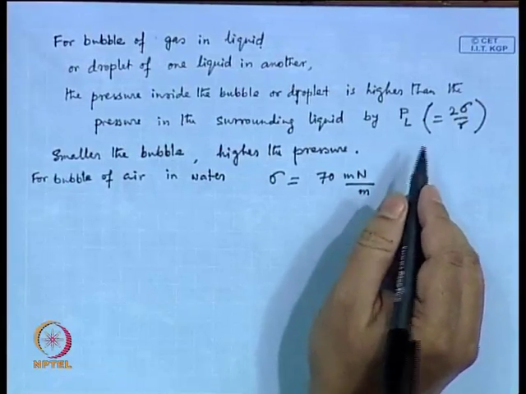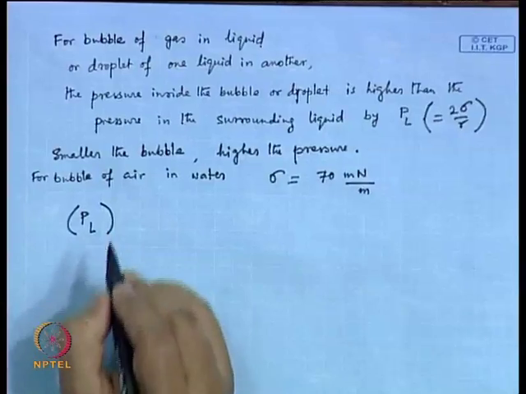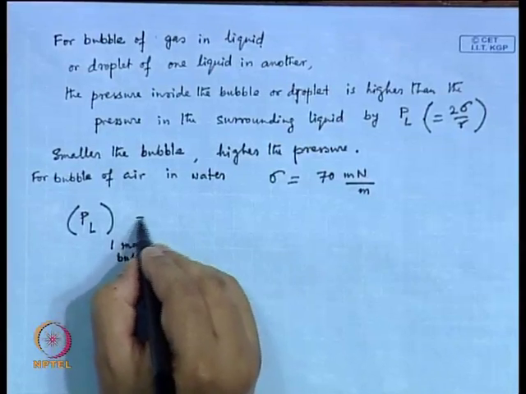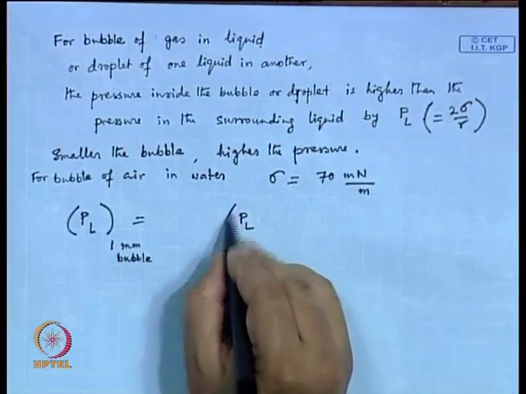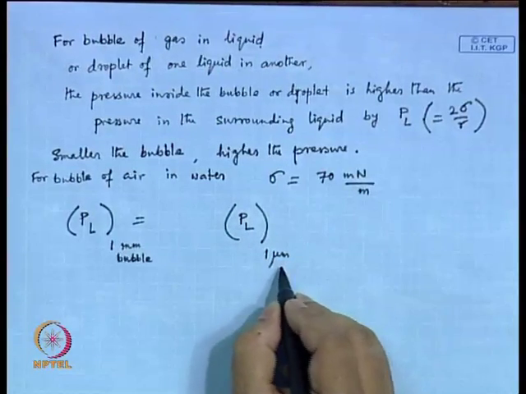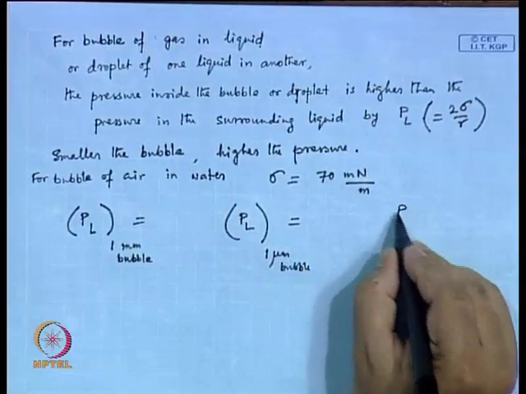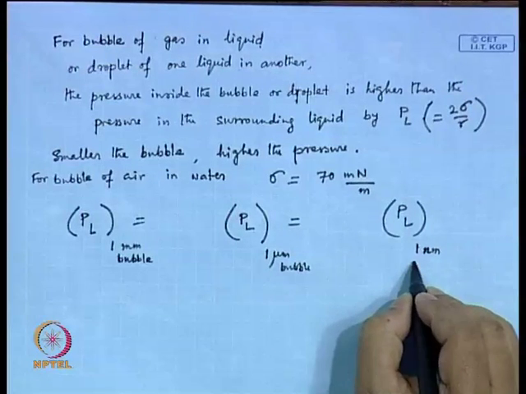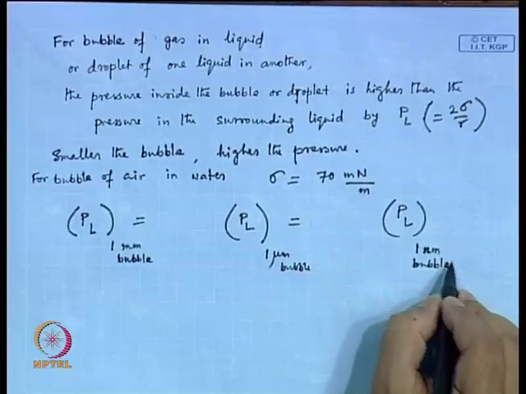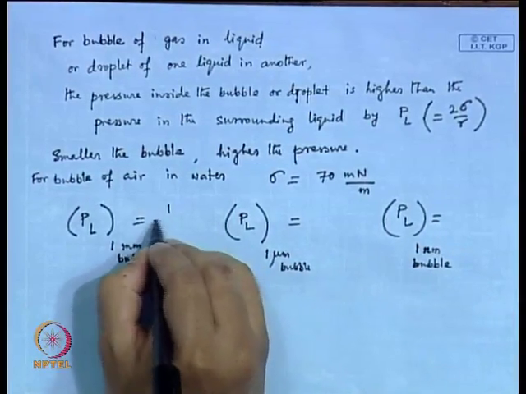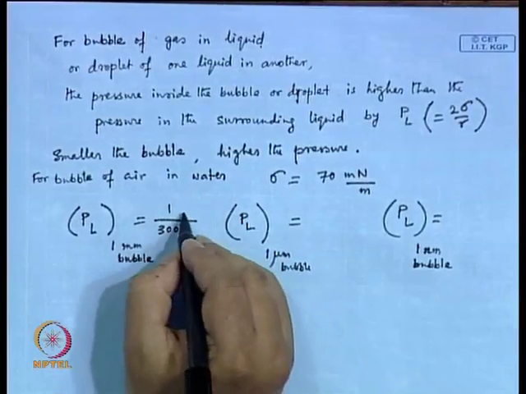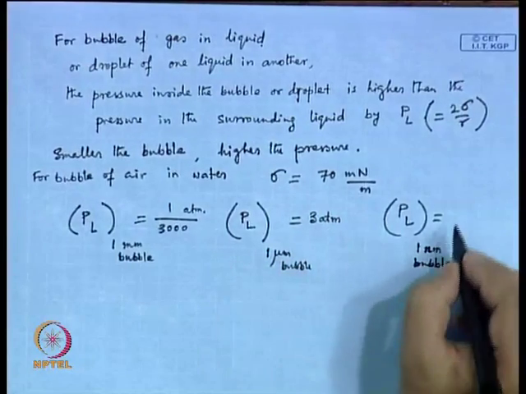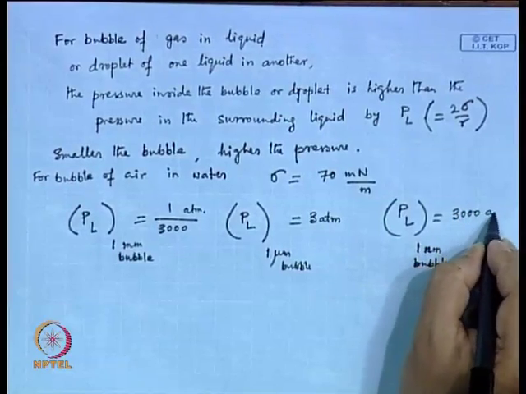Now, if somebody tries to find this quantity P L for a size of the order of 1 millimeter, for a size of the order of 1 micrometer, and for a size of the order of 1 nanometer, one will see that for a 1 millimeter bubble it is 1 by 3000 atmosphere, for a 1 micrometer bubble it is 3 atmosphere, and for 1 nanometer it is 3000 atmosphere.